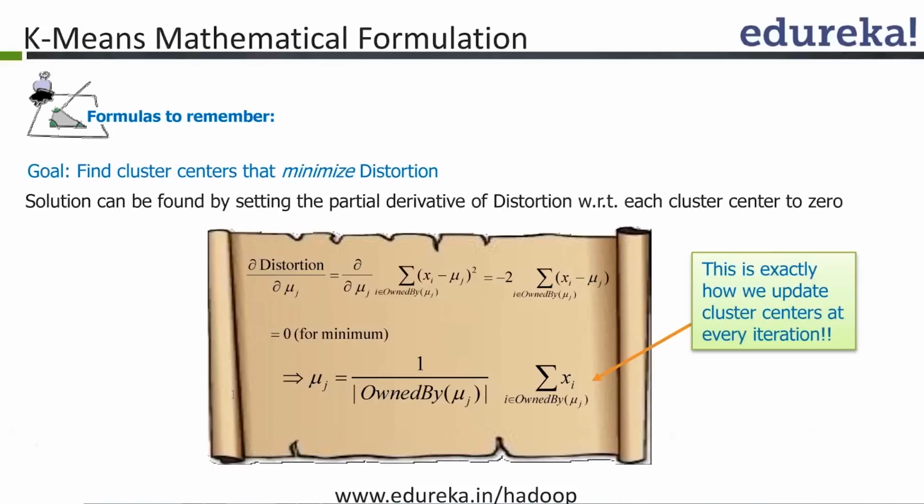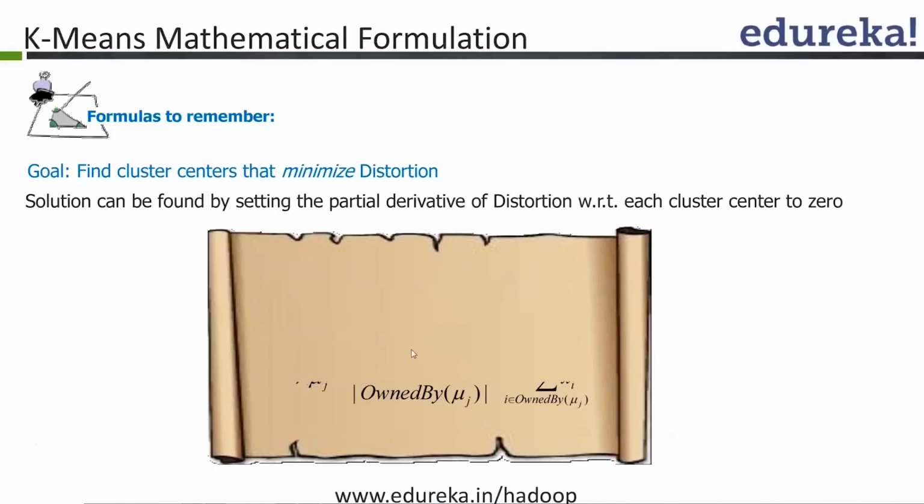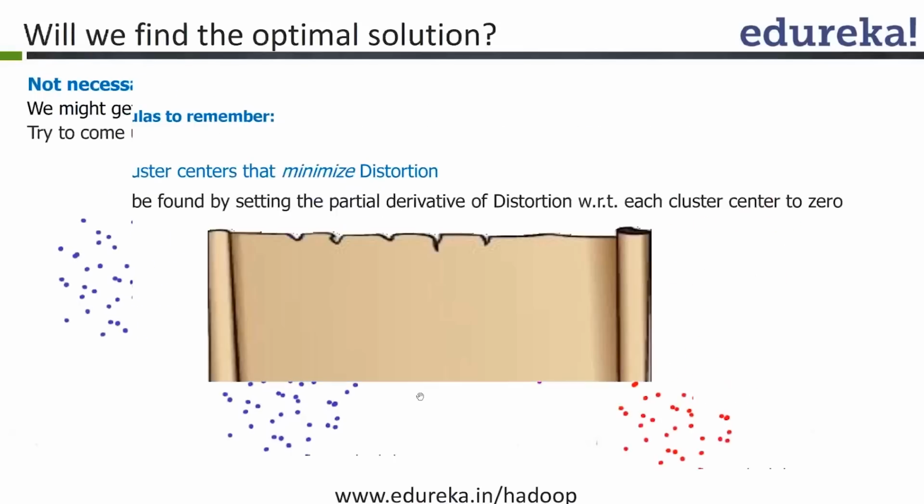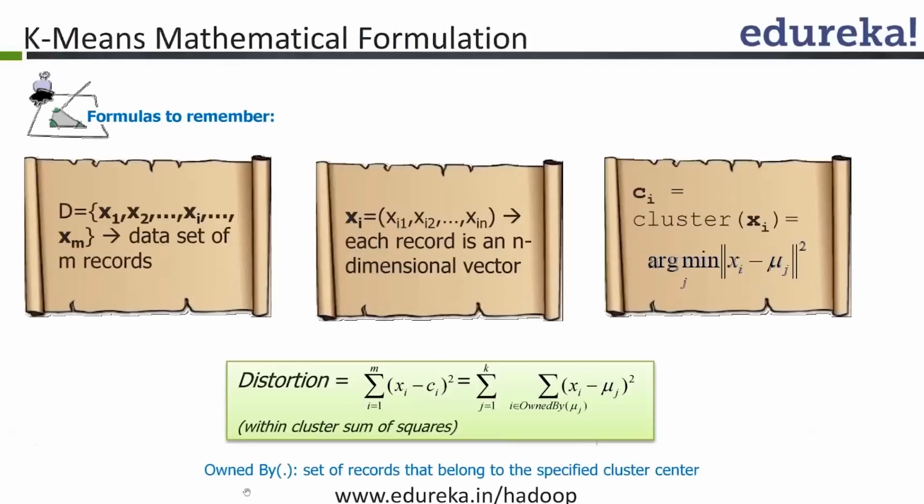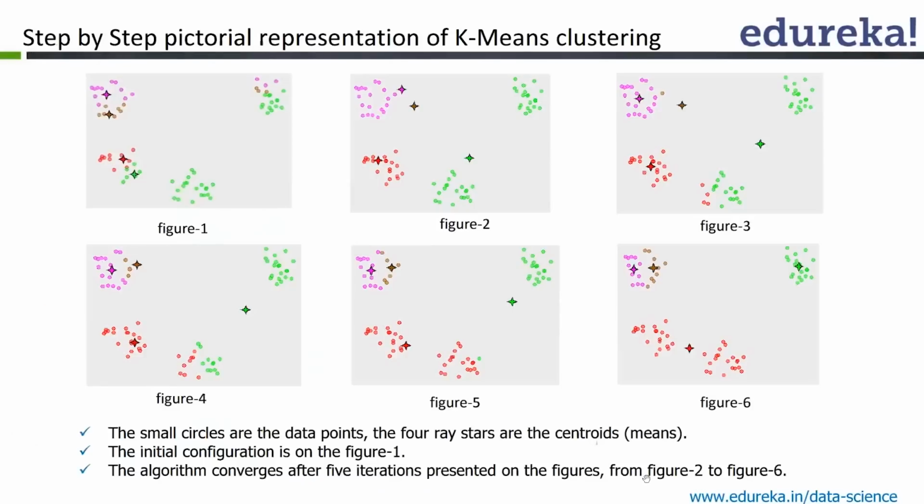Before I go there, let's show the definition again. Owned by is essentially the set of all records that belong to the specified cluster center. In terms of the pictures that we have, owned by of this pink star is equal to the set of all pink points, the points that belong to that cluster center.